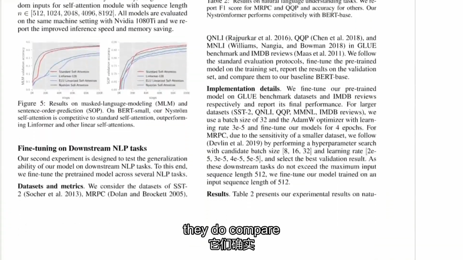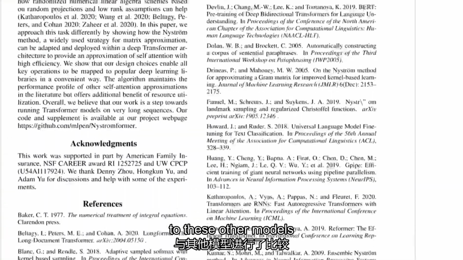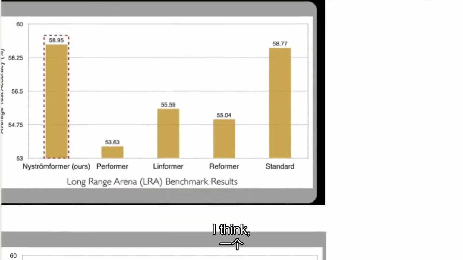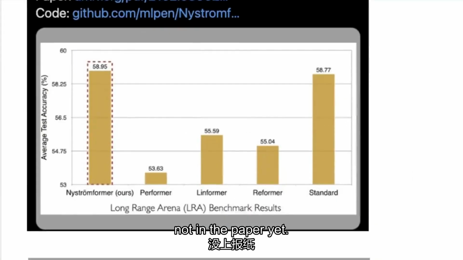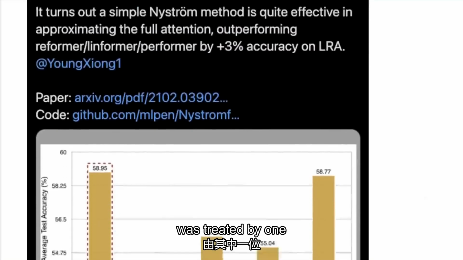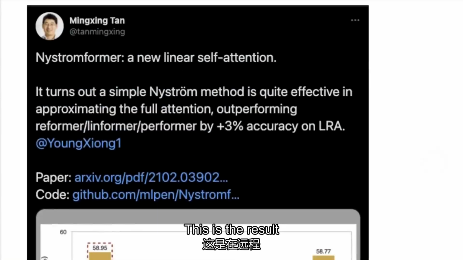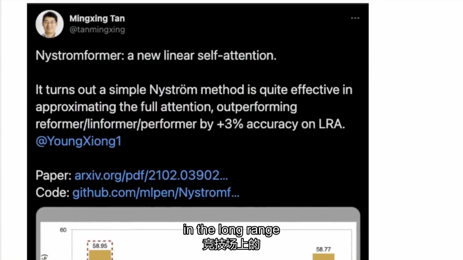However, they do compare to these other models in terms of, and this I think is an interesting result, and this is not in the paper yet, it just was tweeted by one of the authors. This is the result in the long range arena.